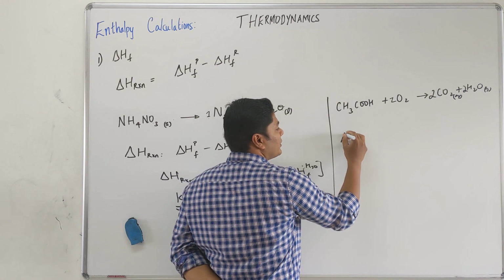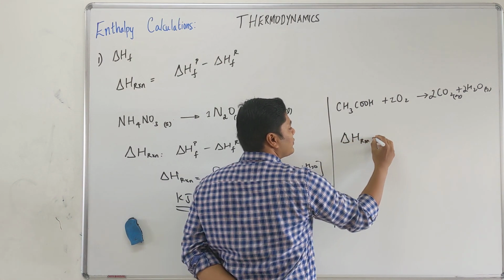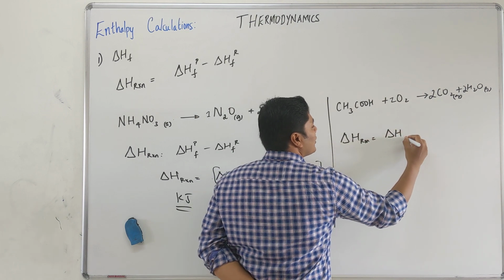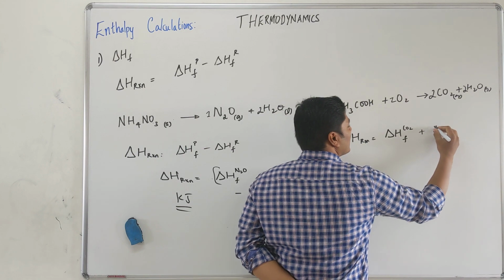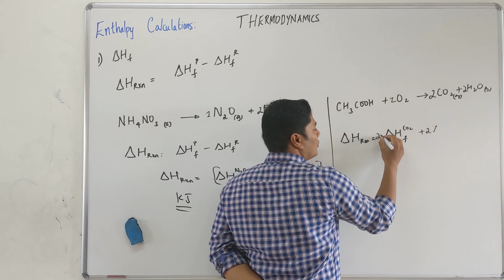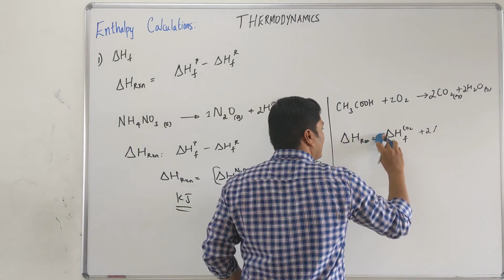Delta H of formation values will be given to you, so delta H of reaction for this one would be delta H of formation of CO2 plus, sorry, 2 times, or maybe I will keep this separate.